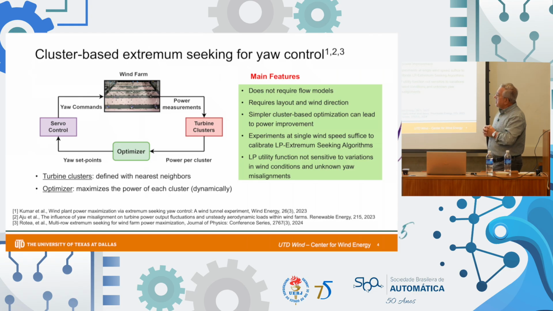One thing that is an innovation, and we have a patent on that, is we don't maximize power. We maximize the logarithm of power. And I will show you why that is useful. And in particular, as it says in this bullet, once we calibrate all the parameters of the controller at one wind speed, it works at other wind speeds.